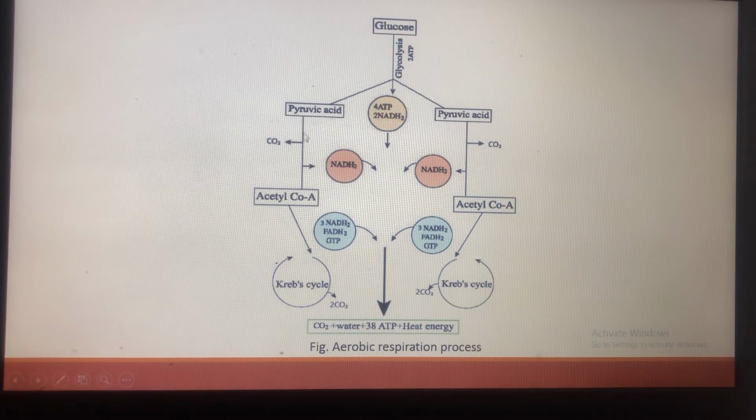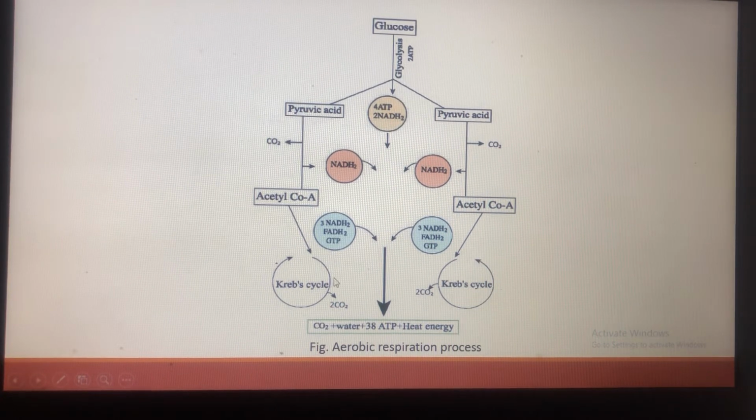So from one molecule of pyruvic acid, you can see that acetyl-CoA is formed, one molecule of acetyl-CoA. In addition to that, one molecule of carbon dioxide and one molecule of NADH2 is produced. So a total of 2 molecules of acetyl-CoA, 2 molecules of NADH2 and 2 molecules of carbon dioxide are produced during acetyl-CoA formation.